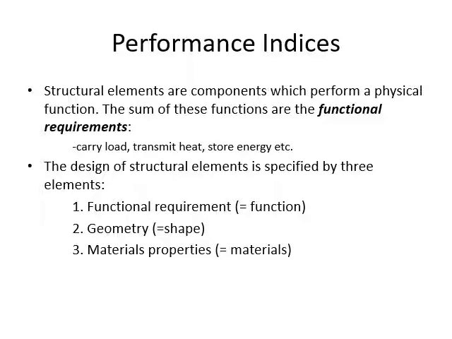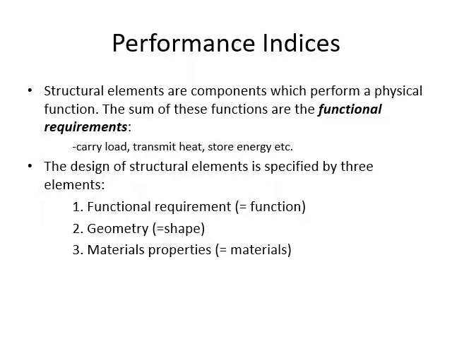In the material performance indices, the performance of a component or structure is specified by three things. First is the functional requirements, F, such as carry load, transmit energy, and store energy.